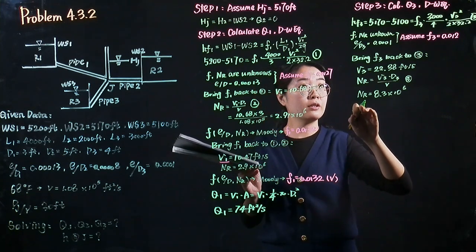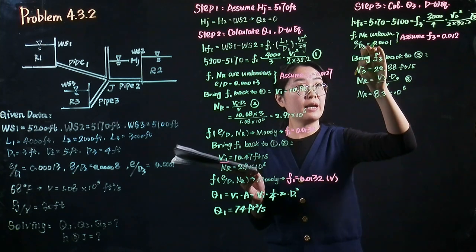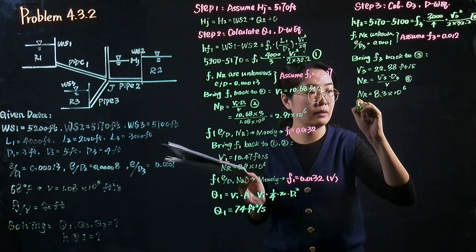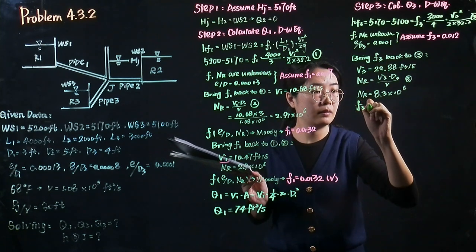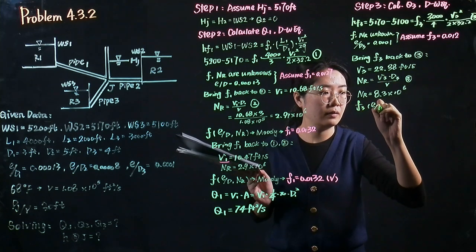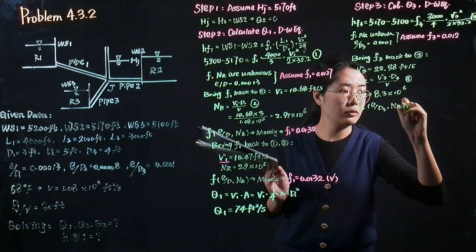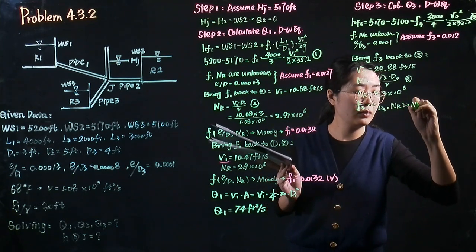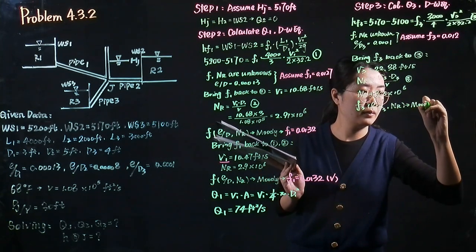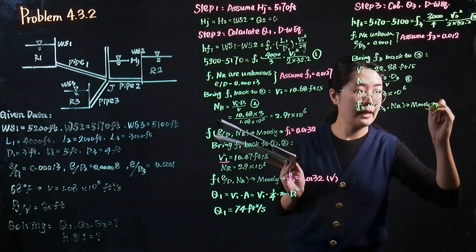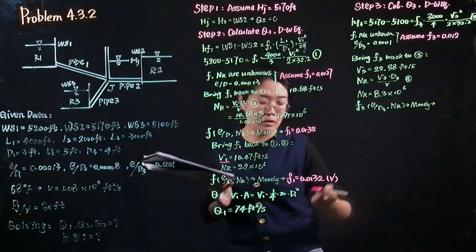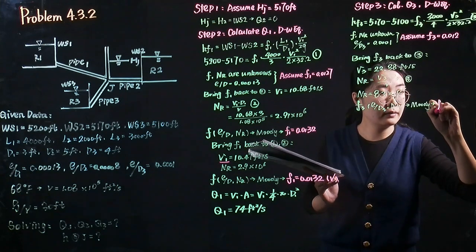And because we know the Reynolds number and the relative roughness, according to the Moody diagram, we can get the friction factor.